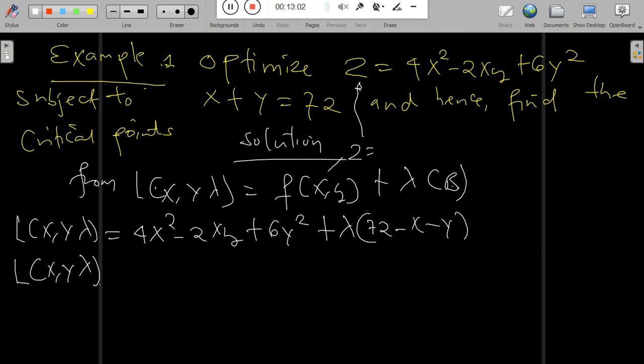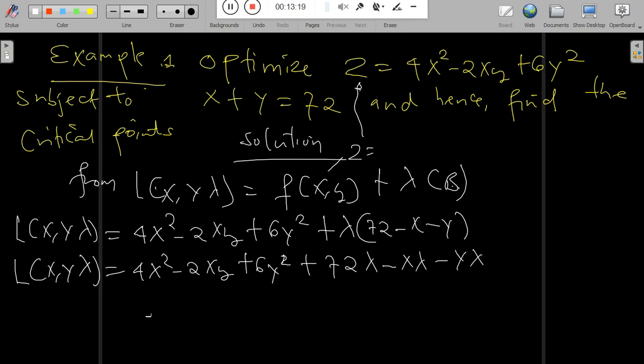Now the Lagrangian L(x, y, λ) is equal to 4x² − 2xy + 6y² plus 72λ − xλ − yλ.